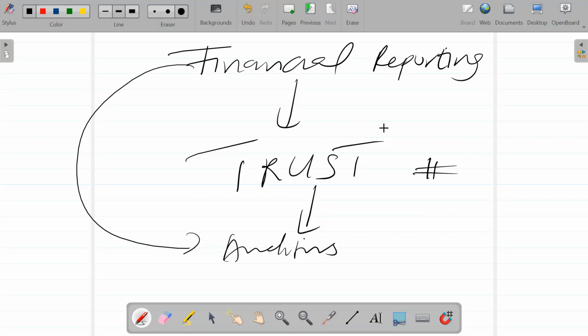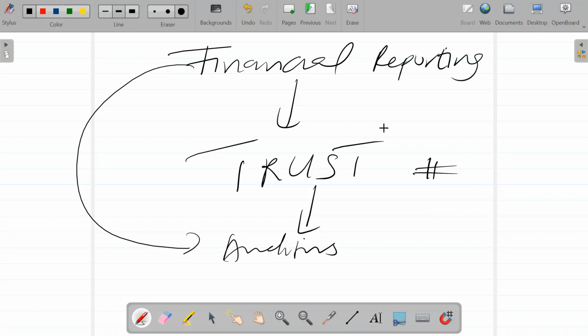The accounting standards, their guidelines, help to ensure that the financial reports are prepared according to international standards, and whoever takes it has some comfort that the report has been prepared based on international standards, so at least I can rely on it and make decisions from it.